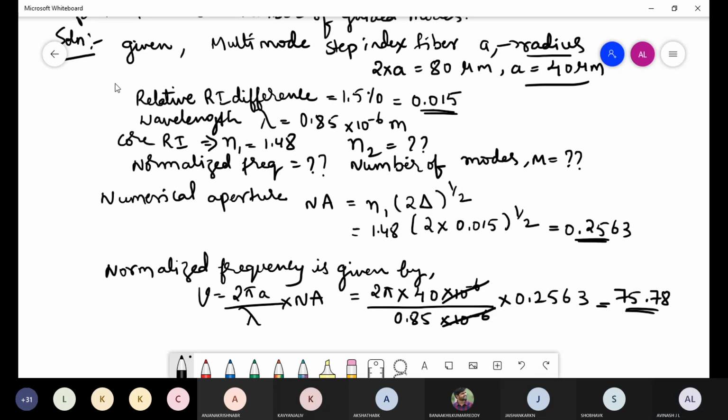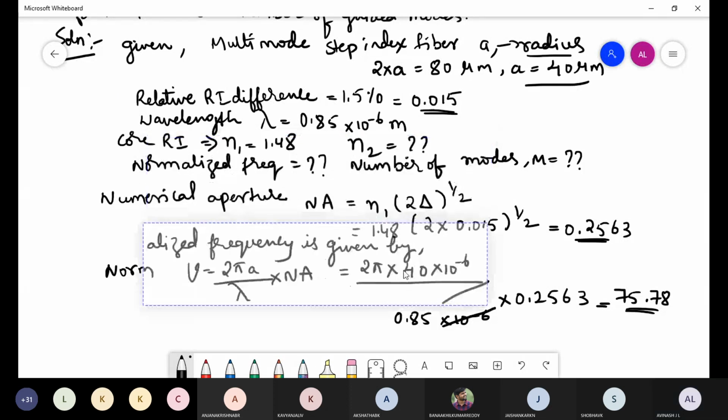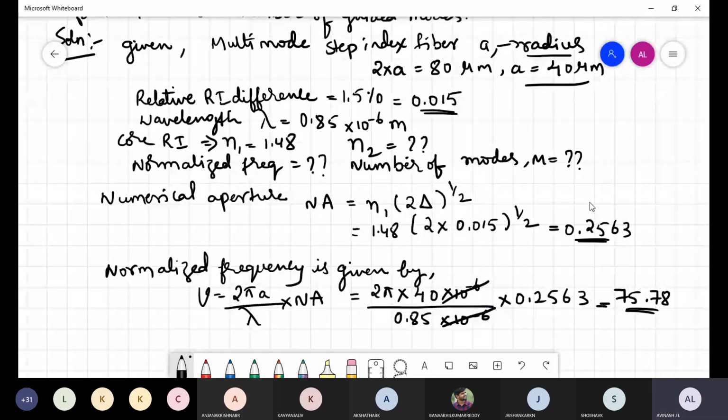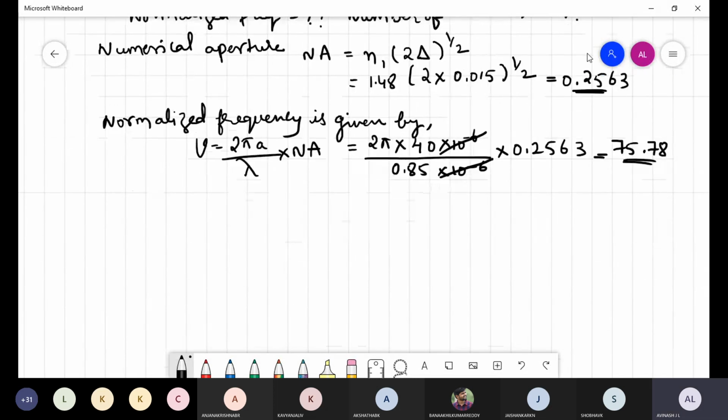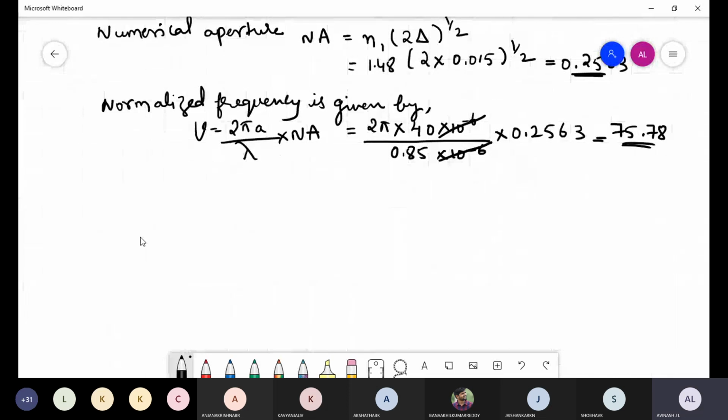Okay. So once you've done this one, the final part of the answer is the number of modes.